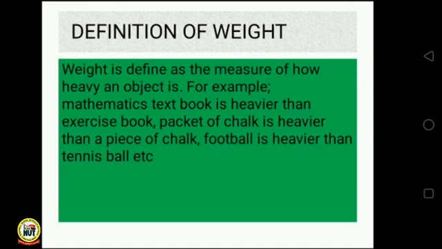For example, a mathematics textbook is heavier than an exercise book. That is, the mathematics textbook has a bigger weight than the exercise book. The weight of the mathematics textbook is greater than the weight of the exercise book. That is why the mathematics textbook is heavier than the exercise book.